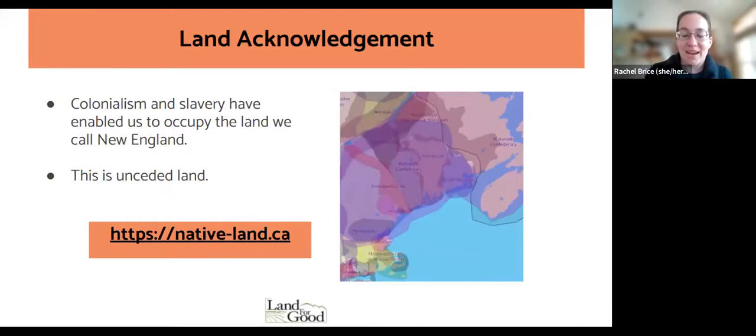A lot of that land was stolen either by executive order or treaty under duress, and particularly in New England, a lot of the territory here was officially unceded, meaning there was no treaty. And so consequences of this legacy are still in effect today.